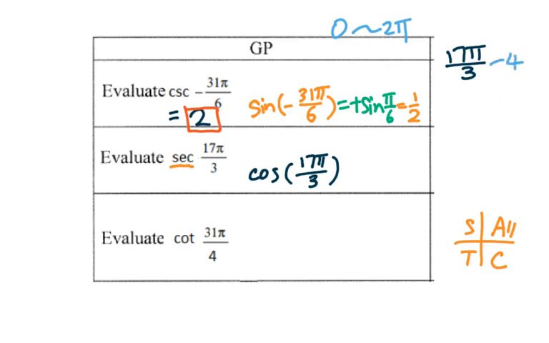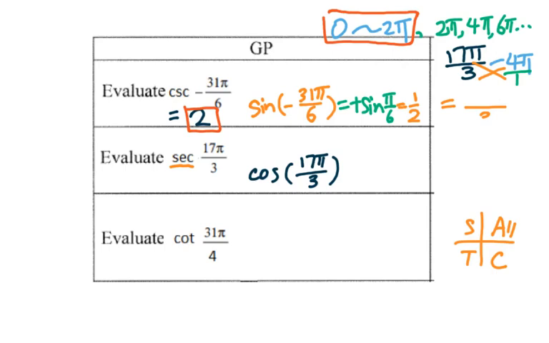So you need to subtract 4 pi. Remember, you subtract 2 pi, 4 pi, 6 pi, an even number of pi, to get the coterminal angle between 0 and 2 pi. So I put it over 1. Then you cross multiply. The denominator is 3. This is 17 pi minus 12 pi. You get 5 pi over 3.